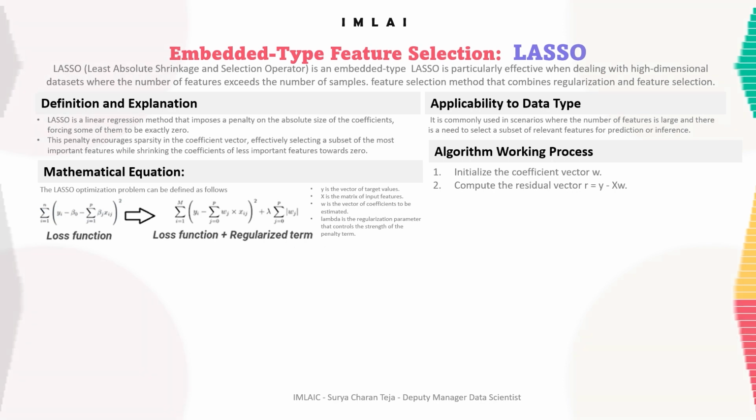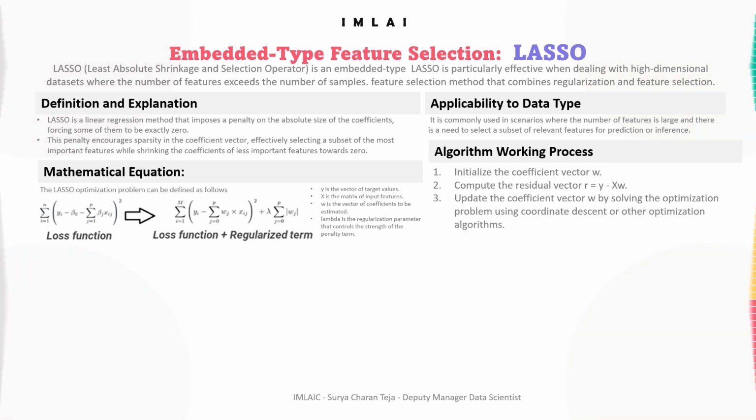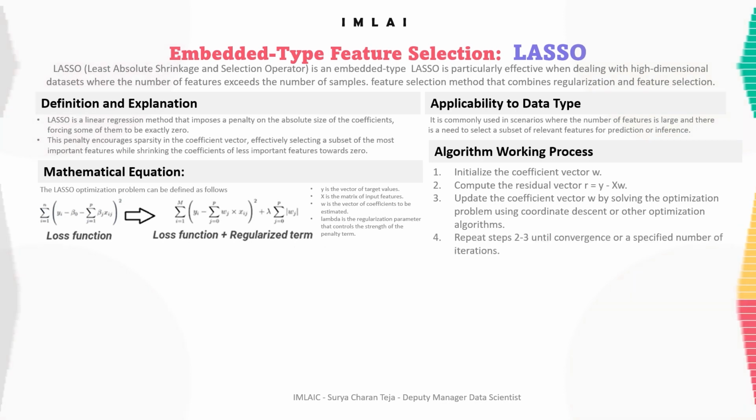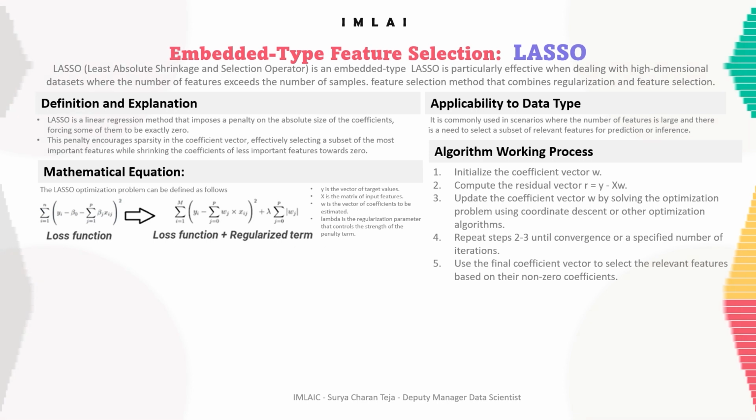Then update the coefficient vector w by solving the optimization problem using coordinate descent or other optimization algorithms. Then repeat steps 2 to 3 until convergence or a specified number of iterations, and use the final coefficient vector to select the relevant features based on their non-zero coefficients. That's how our algorithm works.